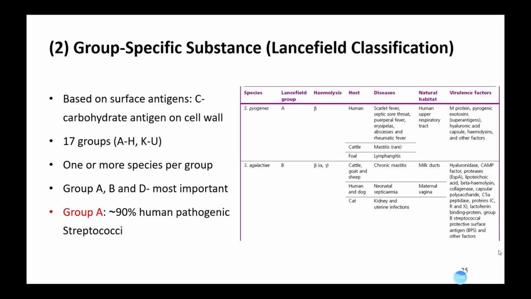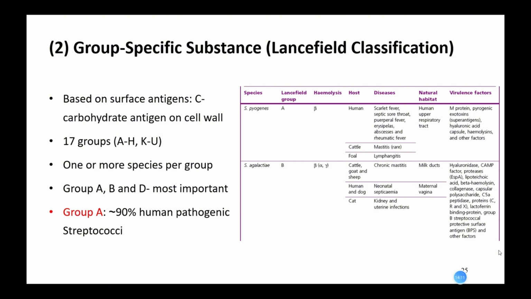That's due to the C carbohydrate on the cell wall, on the cell surface. Okay, each group is named with a letter: A to H, K to U, so totally 17 groups. In each group, there might be one or more than one species.